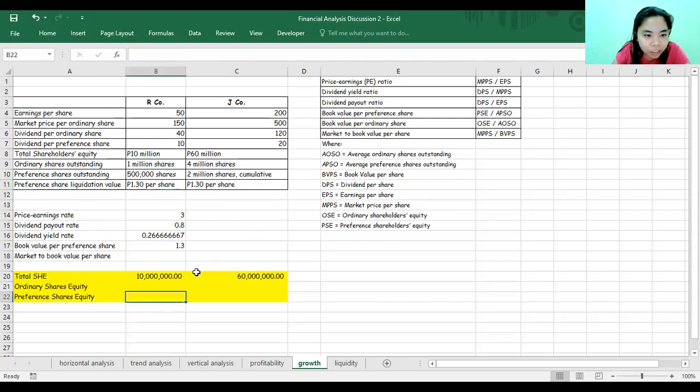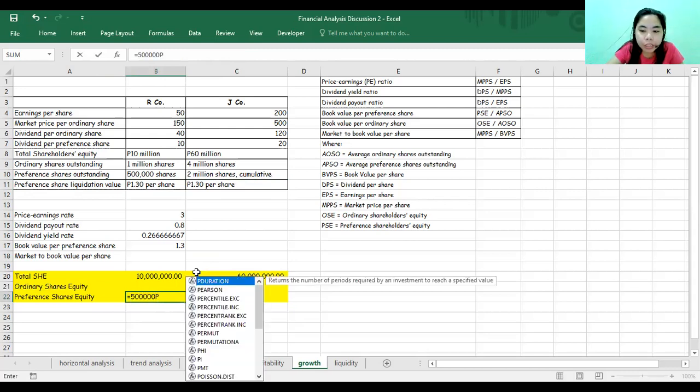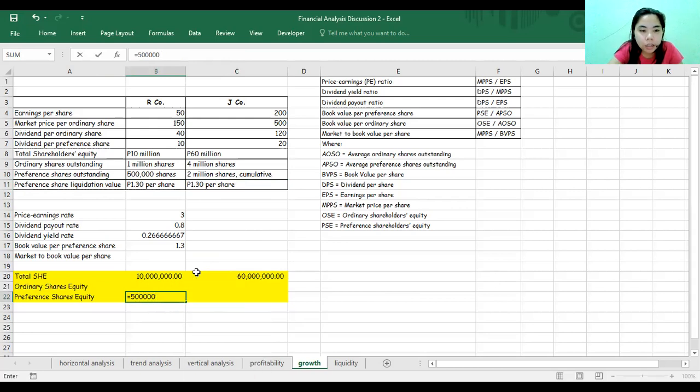So to get the preference share equity, R company has 500,000 shares times 1.3 liquidation value. So the preference share equity of R company is 650,000.